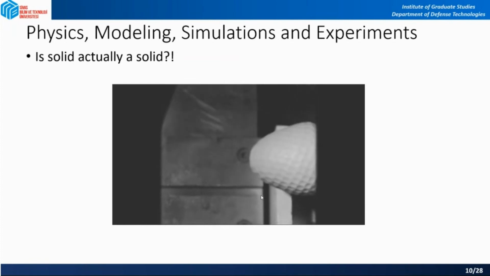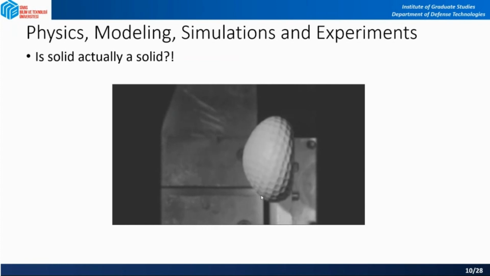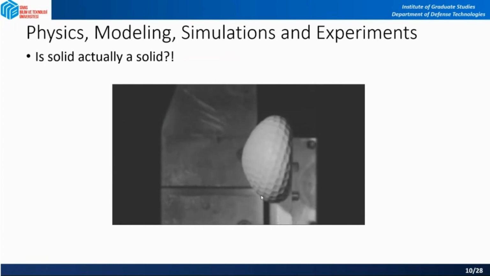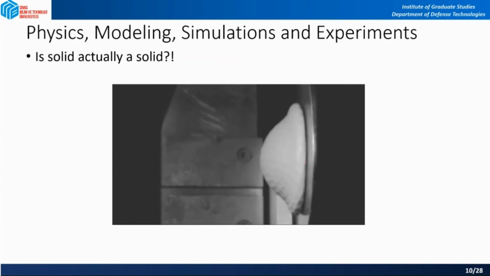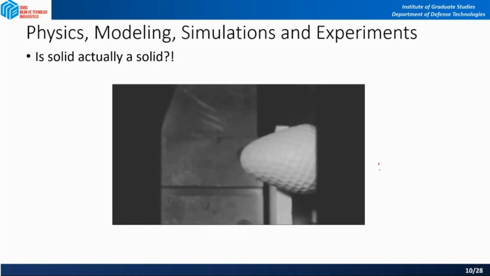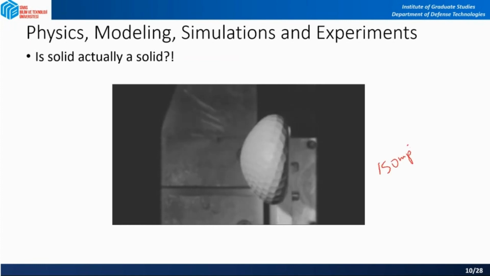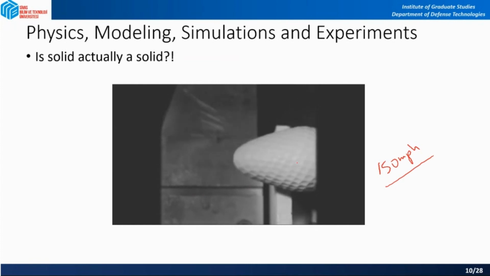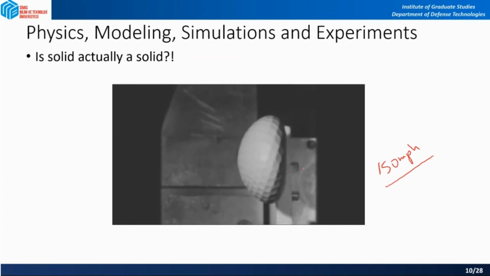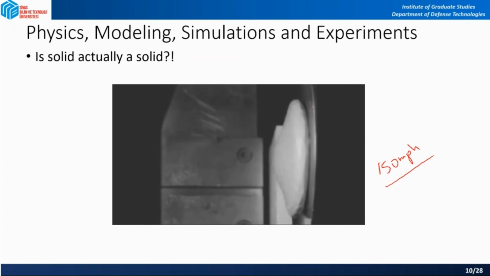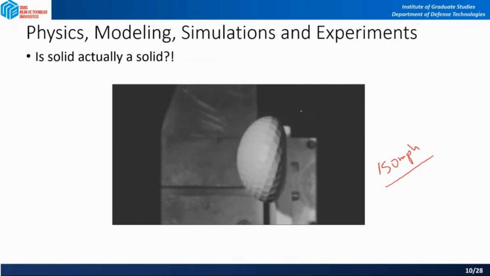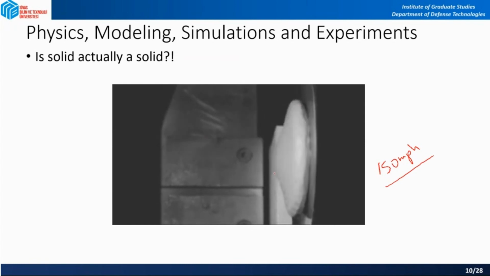The thing is, if the speed is high enough, for example, this is a golf ball impacting at a very high speed, like 150 miles per hour, on a solid stainless steel surface. As you see, the golf ball acts like a bubble.